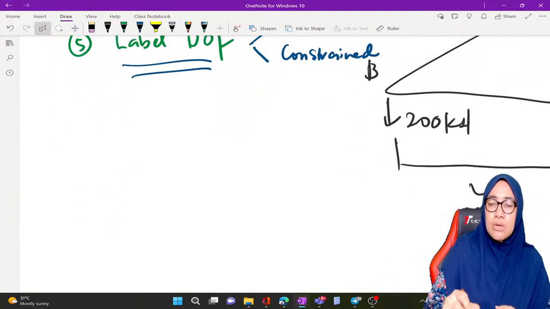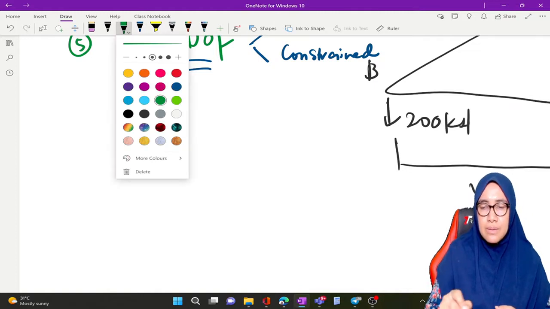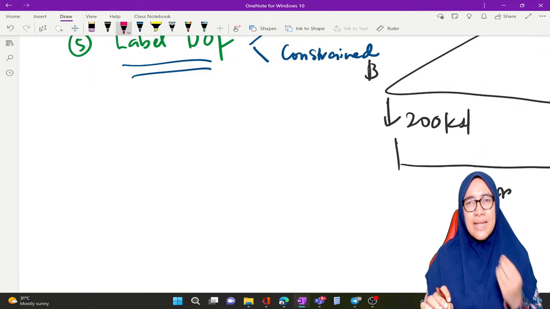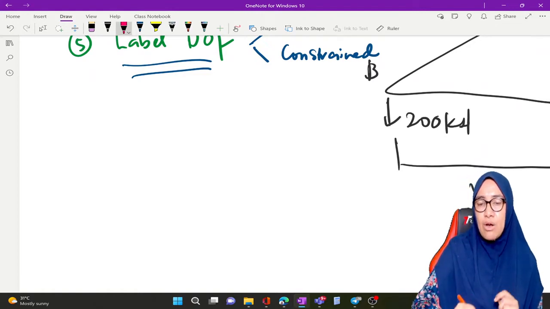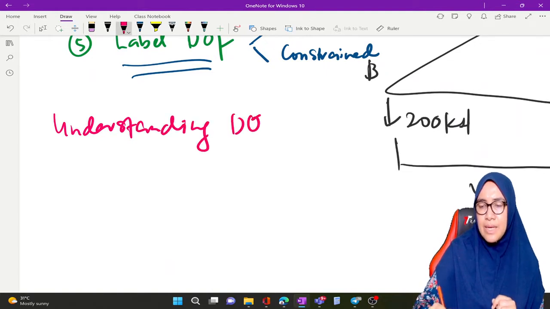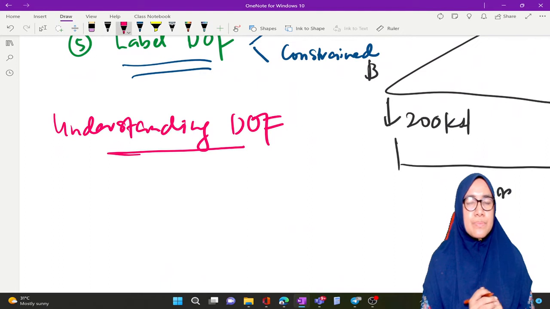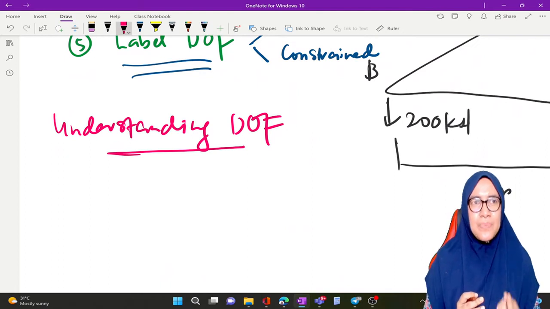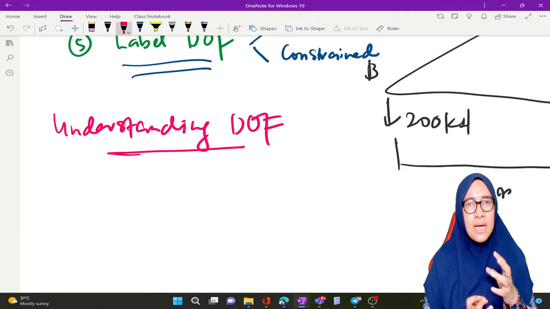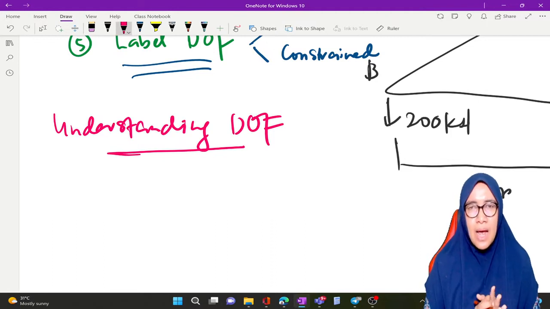So we go to the most important part in the stiffness method, that is understanding degree of freedom. There is an explanation in the textbook that you can read.